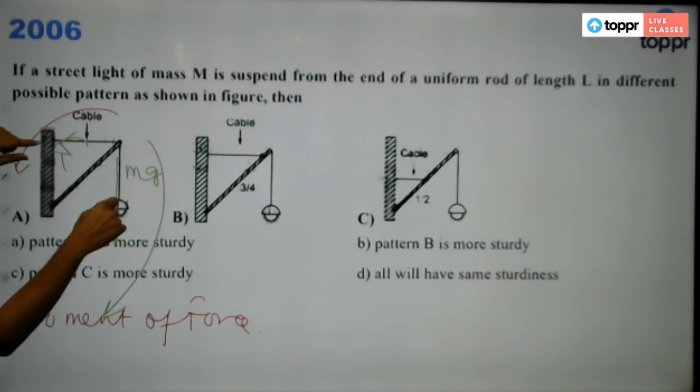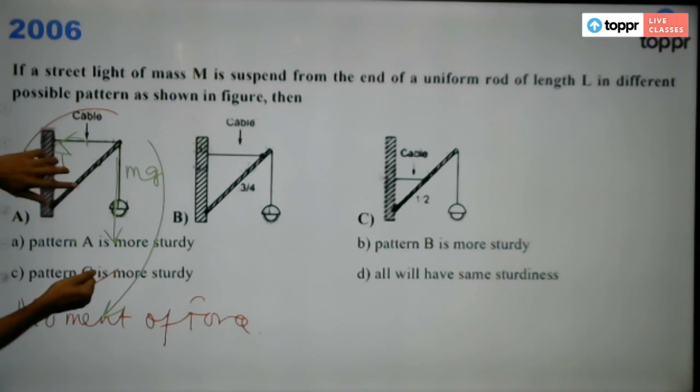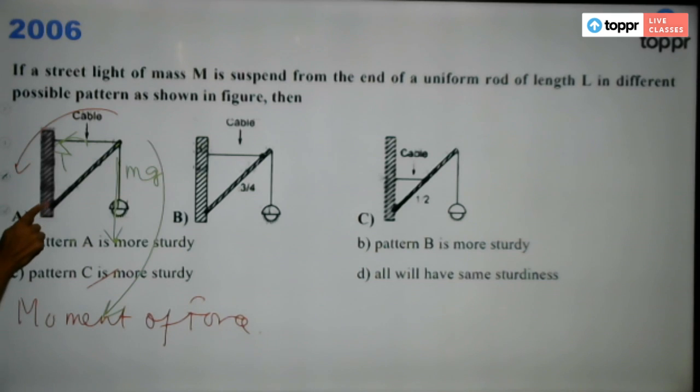See, for all these cases, this force is trying to rotate the body from this corner. So this is my axis of rotation. If this is mg, for calculation of moment, we take the force into the perpendicular distance of the line of action of force from the axis of rotation.